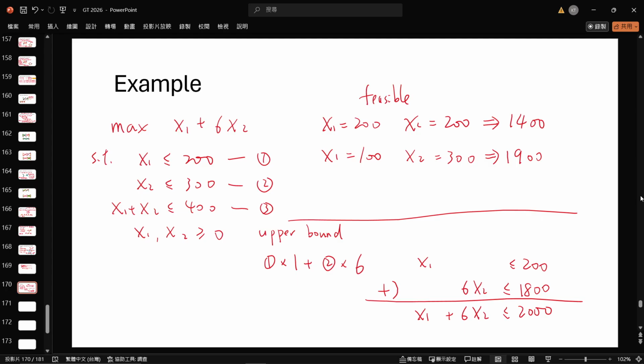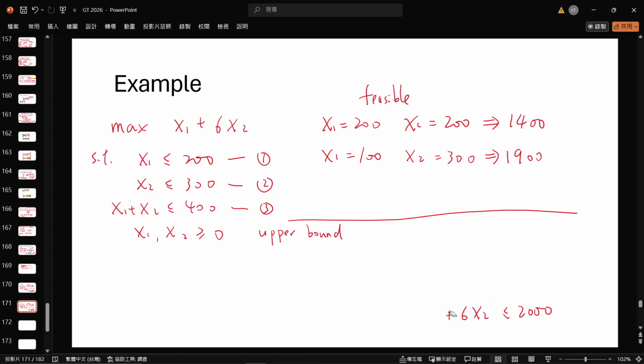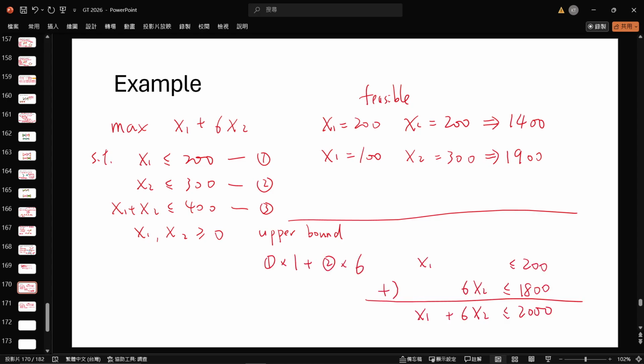Let's consider a different way of assigning weights. In this weighted combination, we haven't used the third constraint, so let's try to use this third constraint.